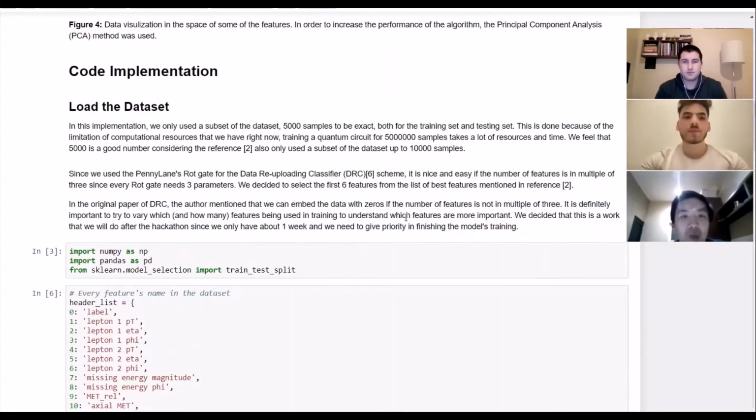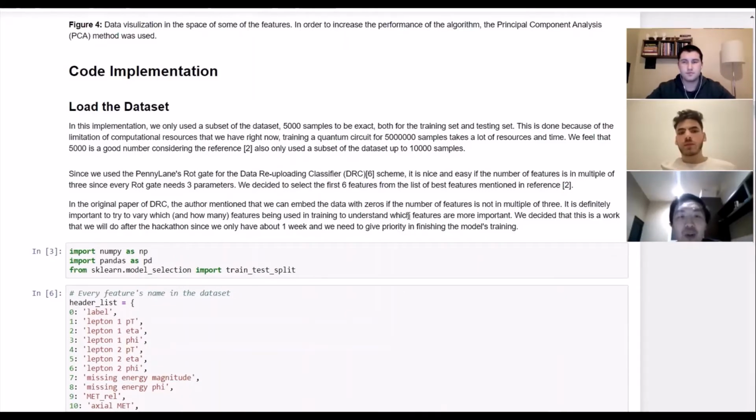So in our implementation, we only use a small number of subsets from the whole dataset. This is because we have little time and small resources. So we chose to use just 5,000 samples for both the training set and testing set.